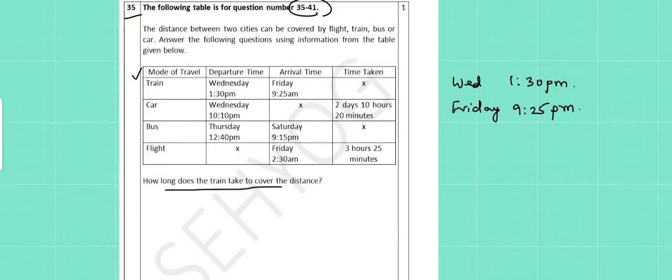When we are counting the time taken, from Wednesday 1:30 p.m. we are going to Thursday 1:30 p.m., and that is covering 24 hours for us.